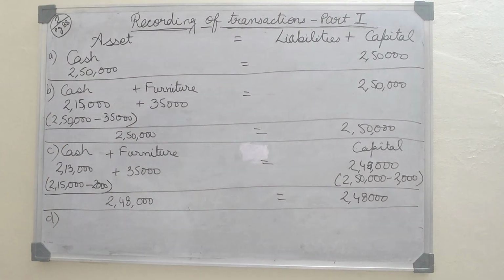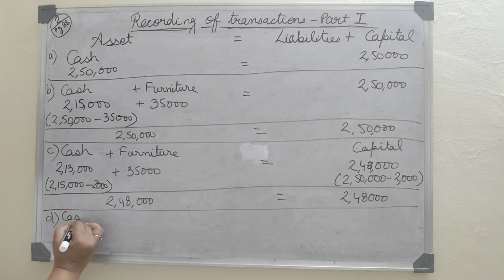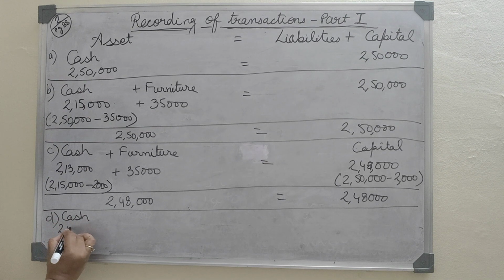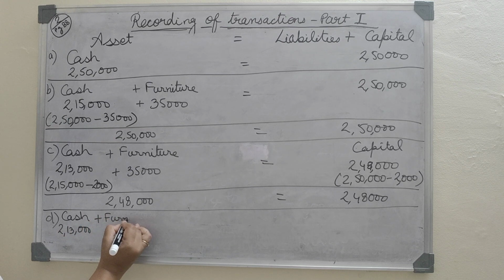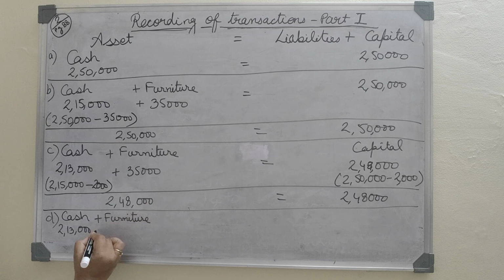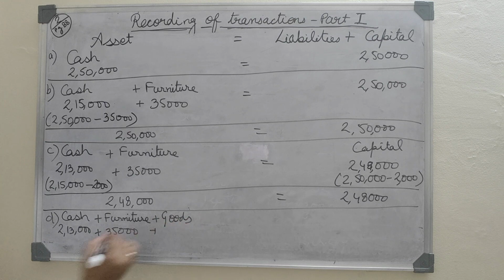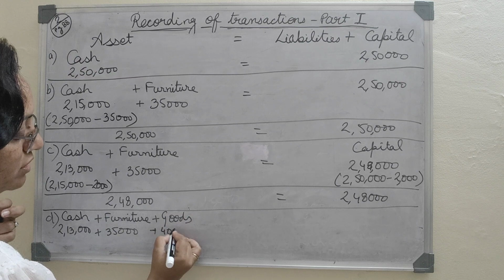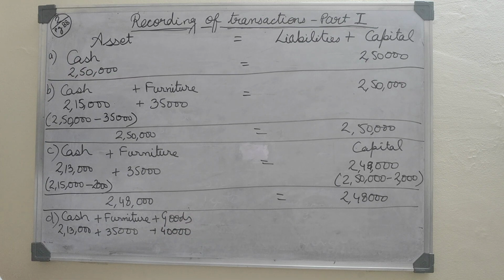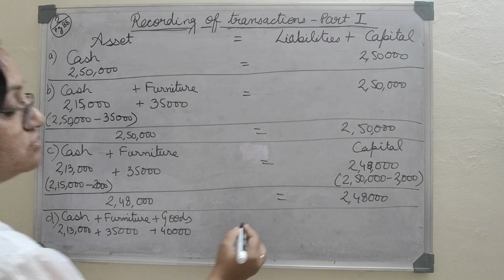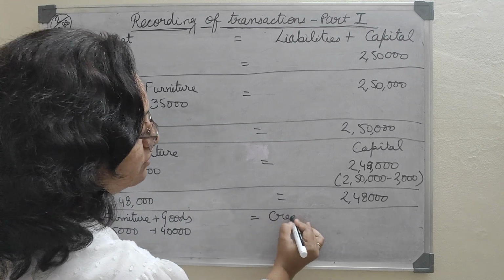He purchases goods on credit. When goods are purchased on credit, cash is not affected, so cash remains the same. Furniture is not affected either. Now what will be added? Goods, right? So we will be adding goods of 40,000 over here. Since he has purchased on credit, what is added over here?